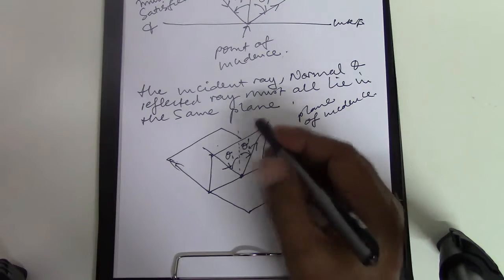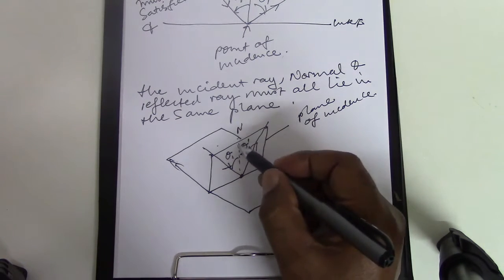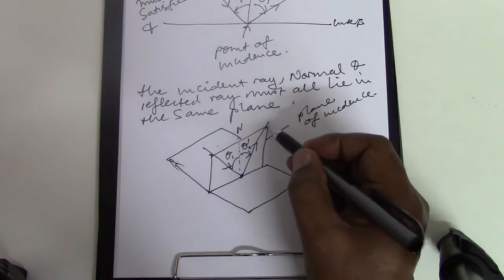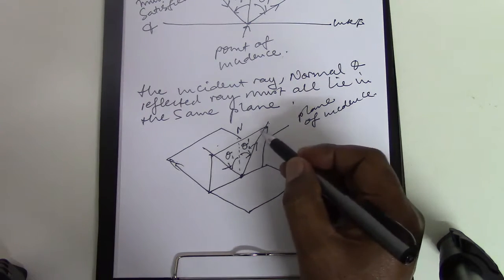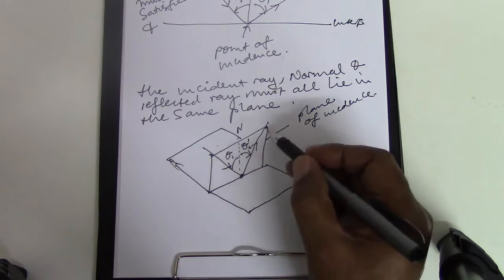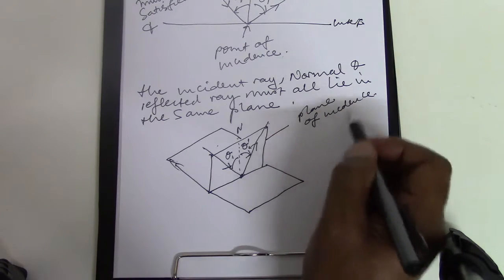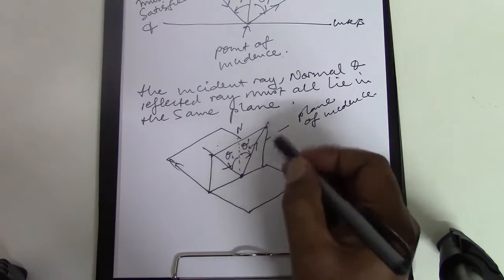This is our normal. This normal, this incident ray, this reflected ray, they are all in this plane, which we call the plane of incidence.